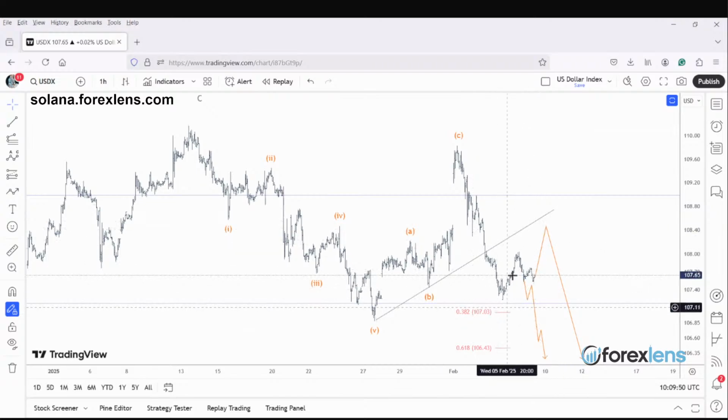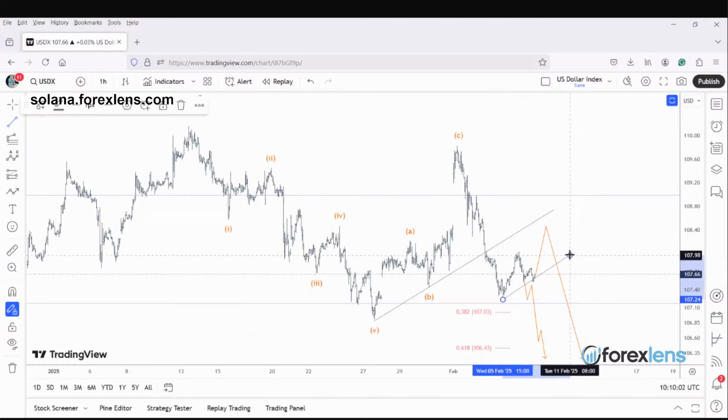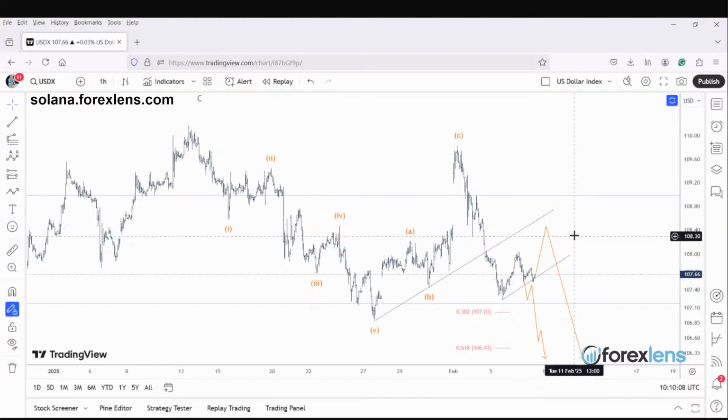So finally, if this channel is formed, we'll wait for the break of this channel line. I'm doing it in an advanced, anticipated move for the dollar index to push a bit higher and then lower again. All right, this is an anticipated move and an anticipated trend line. It's not exactly what we propose.